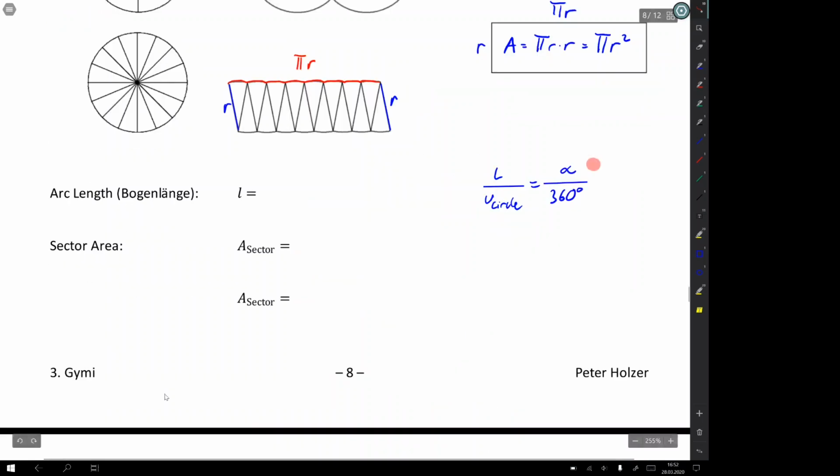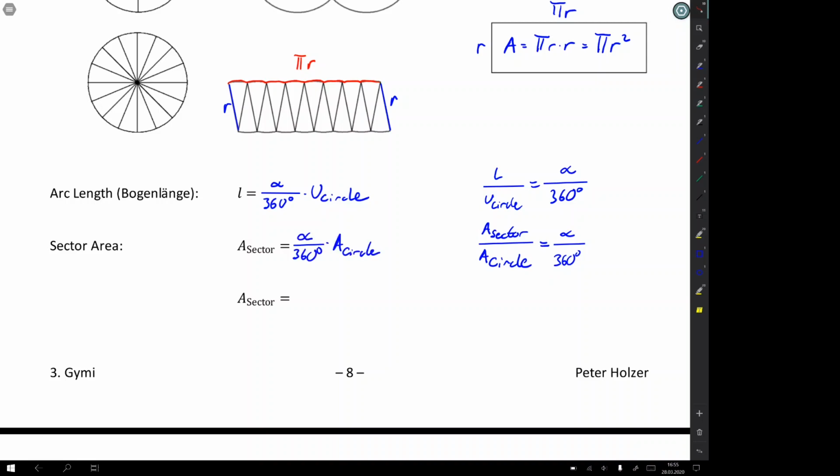We have said that L divided by U circle equals alpha divided by 360 degrees, so multiplying by U circle we get, for the arc length, L equals alpha divided by 360 degrees times U circle. We said also that the area of a sector divided by the area of the circle corresponds to alpha divided by 360 degrees, and by multiplying with the area of the circle we get the formula for the area of a sector, alpha divided by 360 degrees times the area of the circle.